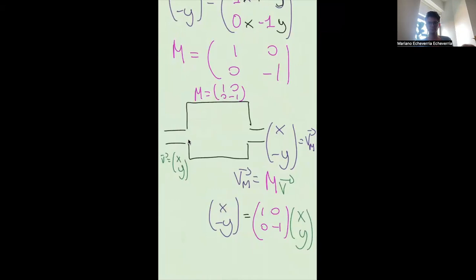Professor, I have a question. If the vector is xy, and the mirror vector is negative x, y, that is the rotated or mirrored one?